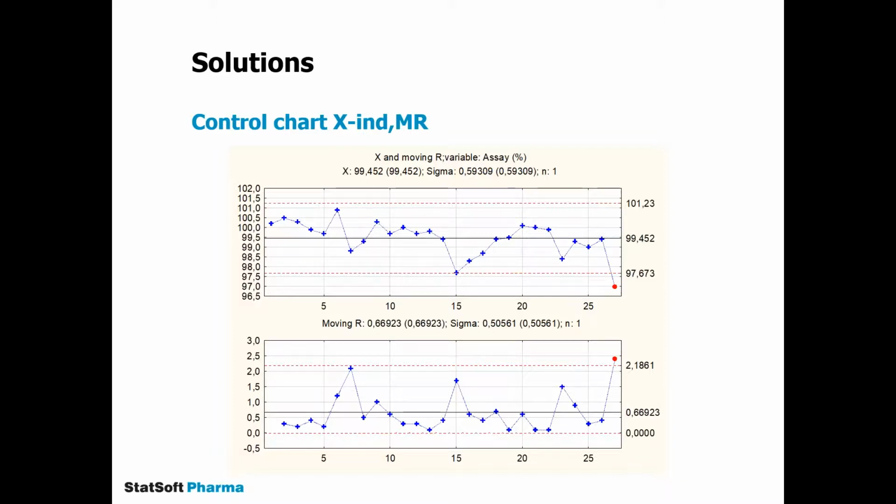The chart may be used to monitor critical attributes of the product such as assay, pH, impurity. The example illustrates the monitoring of assay in the finished product with one point beyond the control limit on both charts, signaling a potential special cause source of variability.